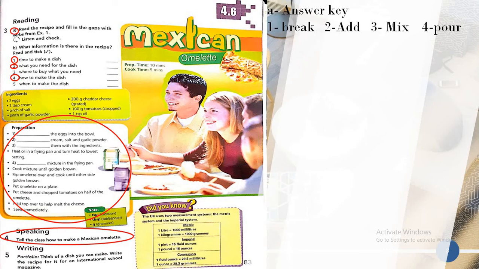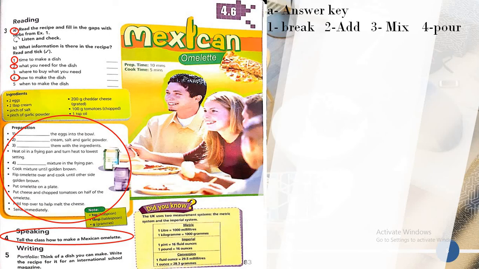And now let's go directly to writing. Think of a dish you can make. Write the recipe for it for an international school magazine. So, as they tell you, think of a dish you can make.